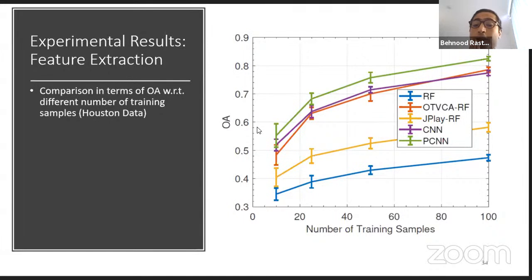Actually, we can, but it's out of the scope of this lecture or tutorial. We recently developed sparse unmixing techniques using CNNs. If you're interested, you can also find the code online.